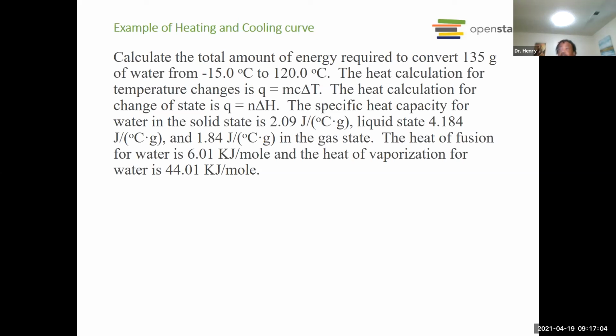The heat of fusion for water is 6.01 kilojoules per mole. The heat of vaporization is 44.01 kilojoules per mole. And if you guys remember, we did that calculation, we got 42. So we weren't too far off.